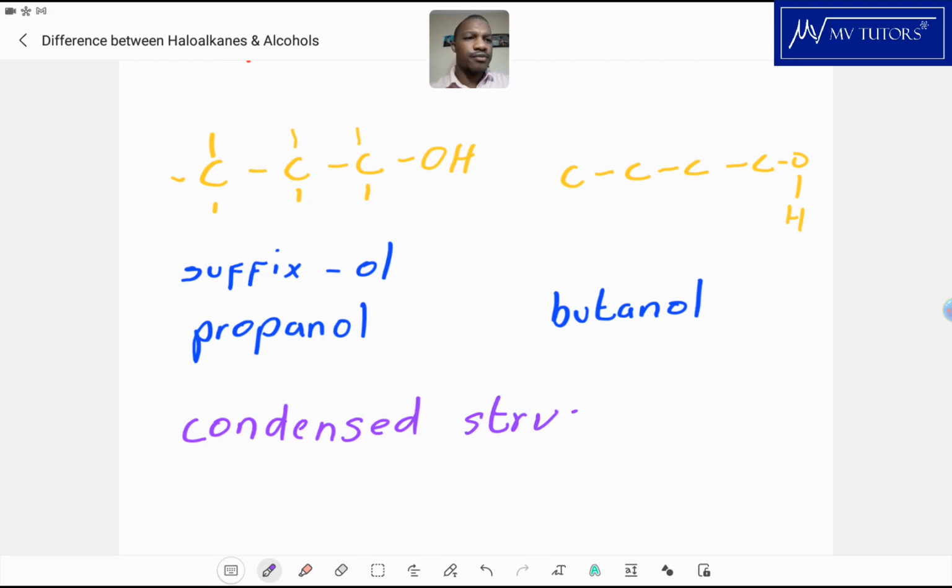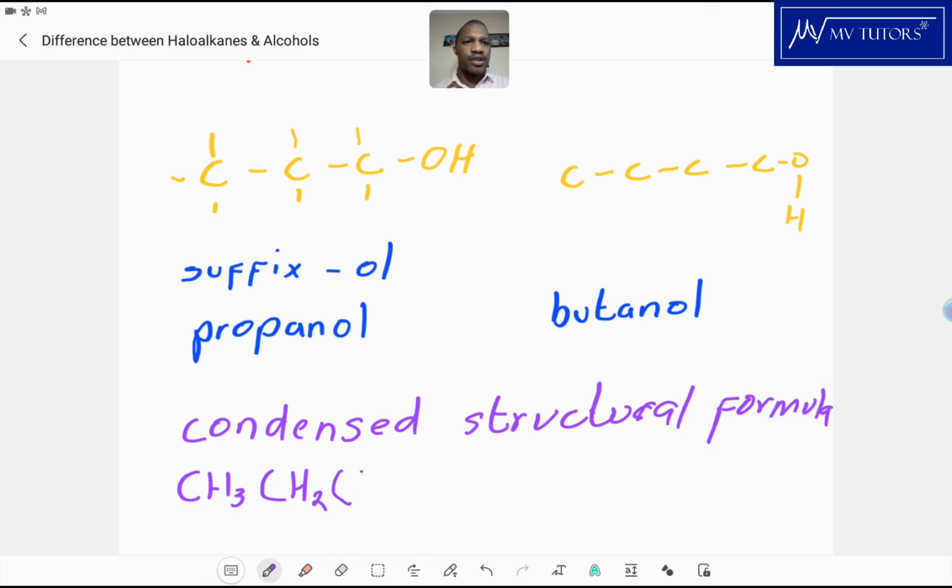Okay, now let's do the condensed structural formula. So for this one, as you can see, it's got 1 C there attached to 3 H's. And then the next one, 1 C, you've got 2 H's. The next one, you got 1 C and then 2 H's, and then you have an OH.